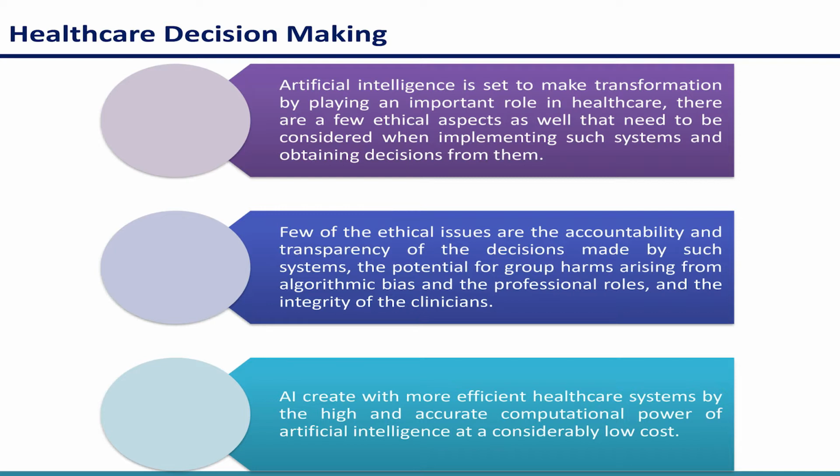A few of the ethical issues are accountability and transparency for decisions made by such machines, the potential for group harms arising from algorithmic biases, professionals' roles, and the integrity of clinicians. AI can create a more efficient healthcare system through its high and accurate computational power and considerably low cost.